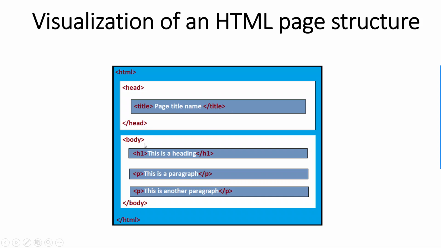After closing of head, the body starts, and in body we define the content. As an example, this is for h1, and this is for a paragraph and another paragraph. Then closing of body and closing of HTML. So this is the visualization.